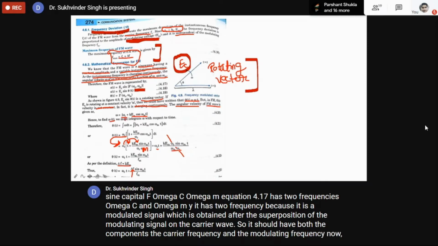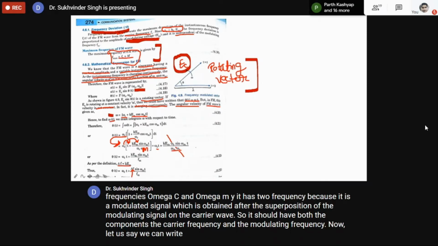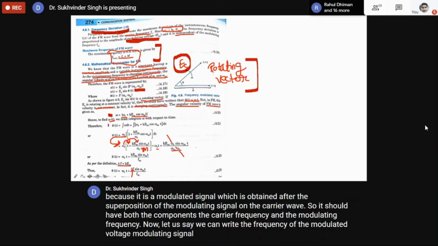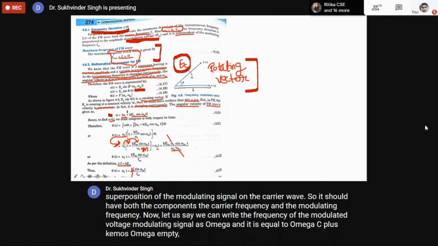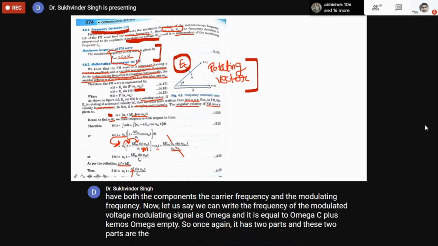Now we can write the frequency of the modulated signal as omega = omega_c + K Em cos omega_m t.